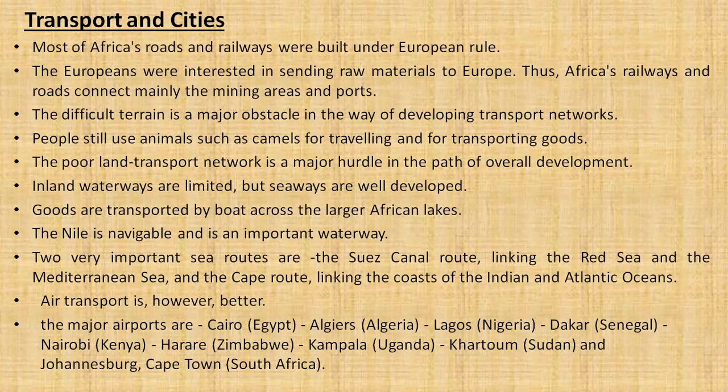Thus, Africa's railways and roads connected mainly to the areas of seaports. All the inland areas were connected with the seaports. Most of the railway lines run from mine sites to the seaport, and the roads and railways were constructed like that.